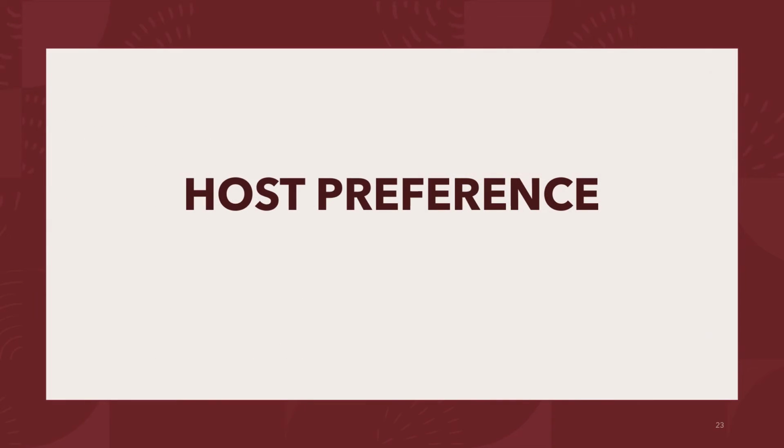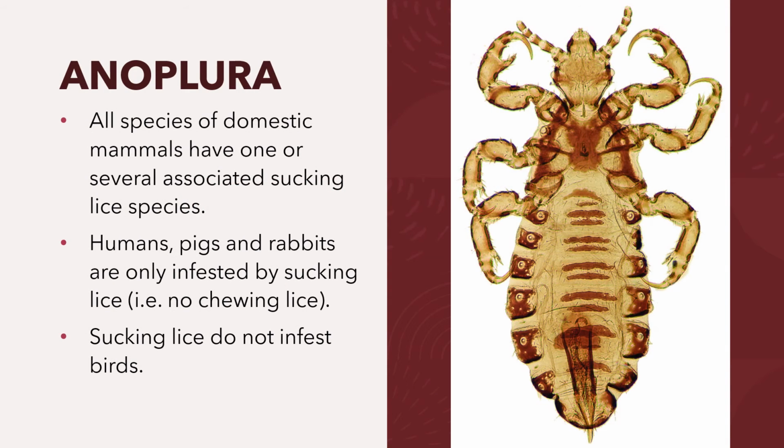For the host preference, we are going to start with the host preference of the sucking lice, or the Anopluran lice. All species of domestic mammals have one or several associated sucking louse species. Humans, pigs, and rabbits are only infested by sucking lice, and there are no chewing lice.